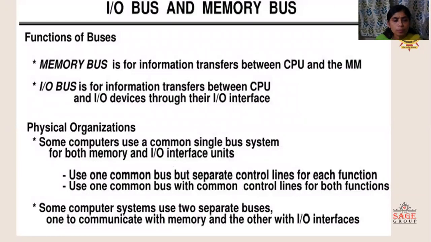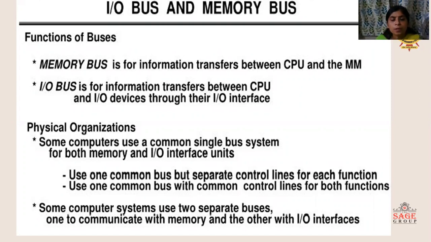The functions of buses: the memory bus is for information transfer between CPU and the memory, and another bus transfers information between the CPU and other input output devices through input output interfaces. In some computers there is a common single bus system for both memory and input output interface.